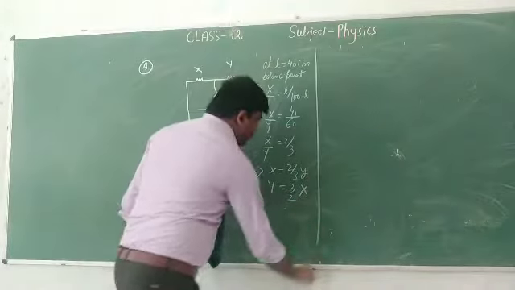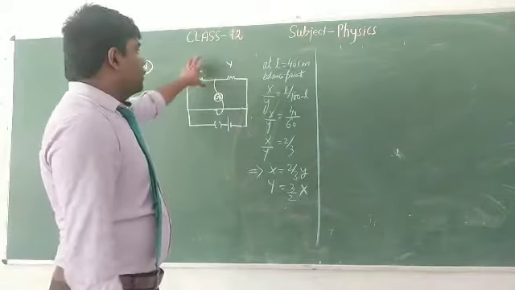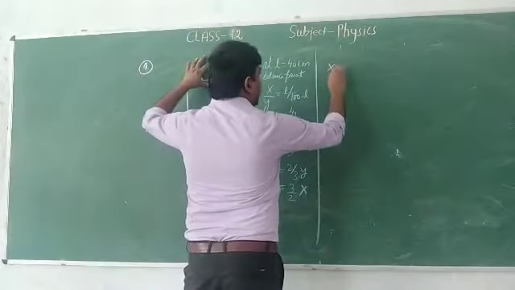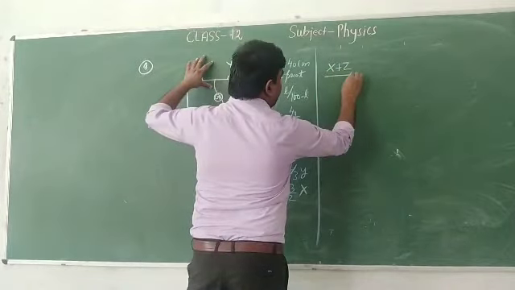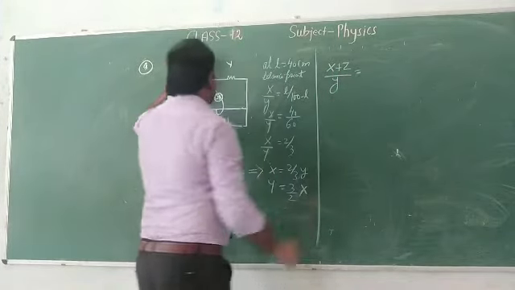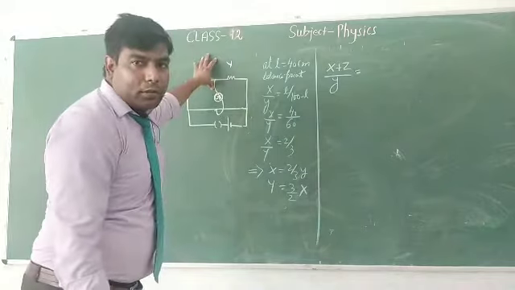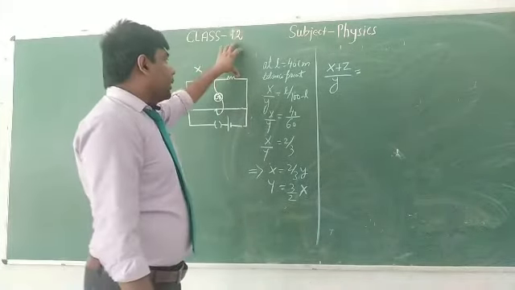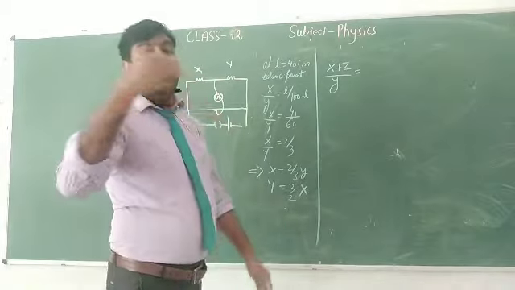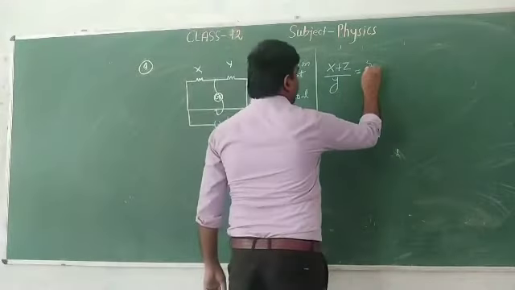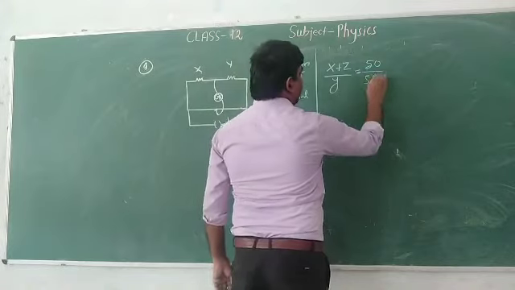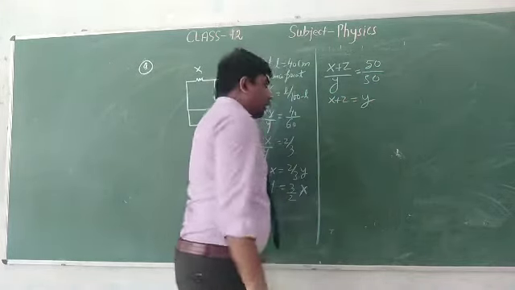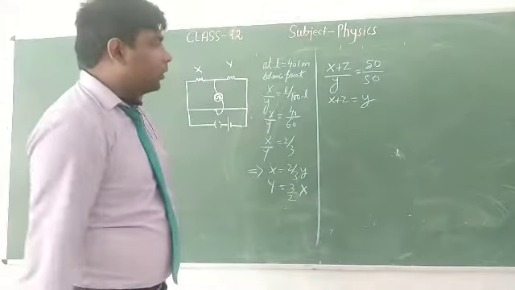First condition. In the second condition they are saying if there is a series resistance connected with X, let us say it is Z, then the resistance will be X plus Z divided by Y, and the balance point shifts 10 centimeters. That is, it becomes 50, 100 minus 50, 50. That is X plus Z equal to Y. Right?